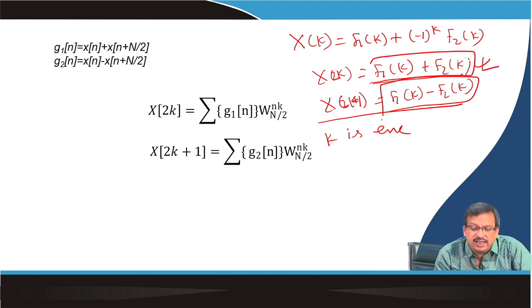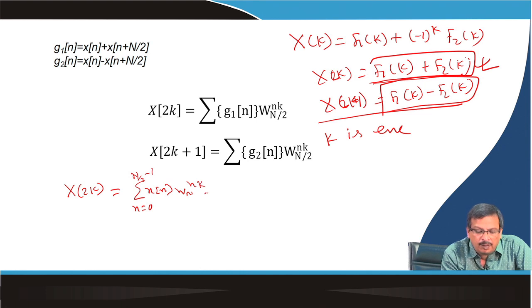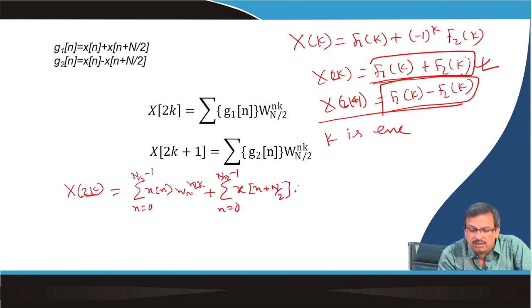So, if I want to write down the equation of f1, x(2k) is nothing but the sum over n equal to 0 to N/2 minus 1 of x(n) W_N^(n·2k) plus the sum over n equal to 0 to N/2 minus 1 of x(n plus N/2) W_N^(2k·n), where k is replaced by 2k.